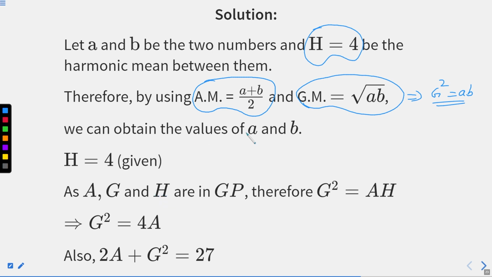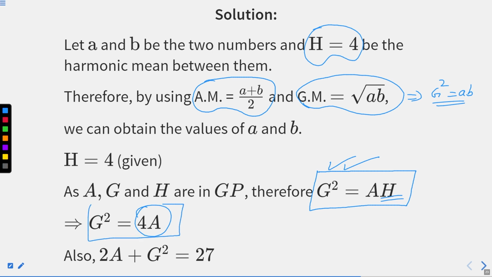Now we know one important thing: G square is equal to arithmetic mean times harmonic mean. Always remember this. Now just substitute all of the values. H is 4, so we substitute H equal to 4.